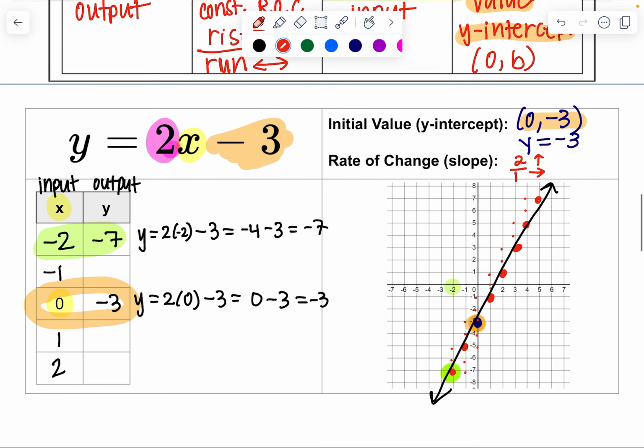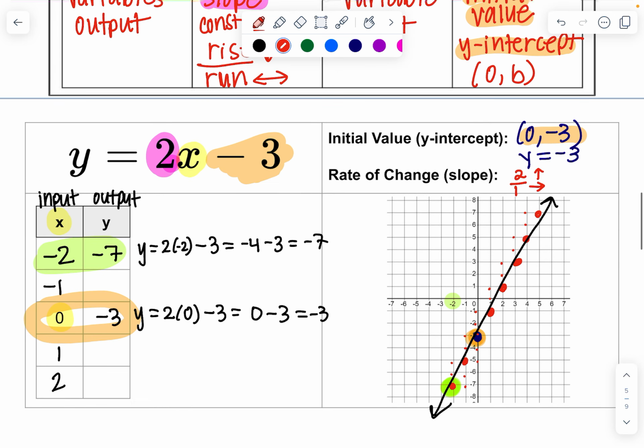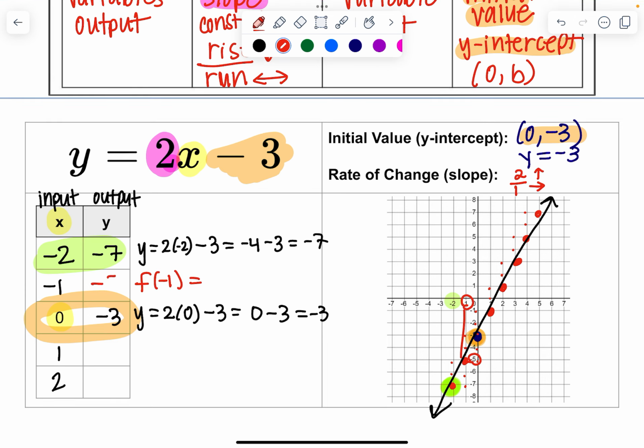Or what I could ask you is, what is f of -1 going to be, right? I find -1, I go down to my graph, I look at the y. We can see from the pattern that that's -5, or 2 times -1 minus 3. -2 minus 3 gave us -5.